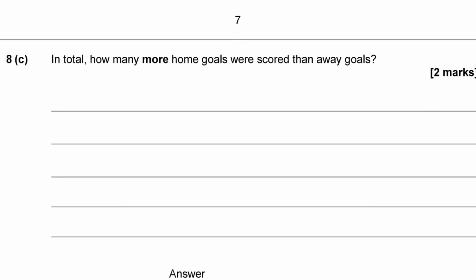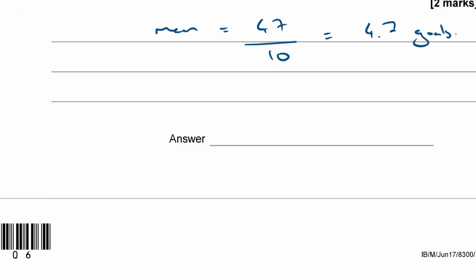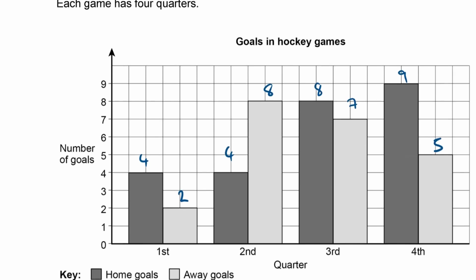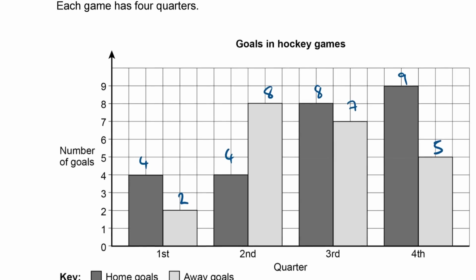In part C, it says in total how many more home goals were scored than away goals. So we added up all of these before, didn't we? The home goals were the darker bars, and the away goals are the lighter bars.